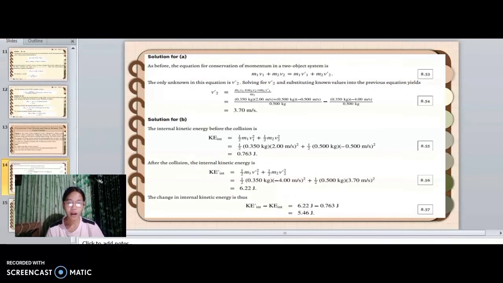The final velocity of cart 2 is large and positive, meaning that it is moving to the right after the collision. So the internal kinetic energy in this collision increases by 5.46 joules. That energy was released by the spring. The spring made a significant impact on the internal kinetic energy, which happens in that inelastic collision.